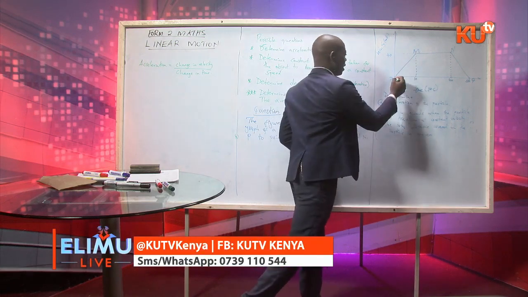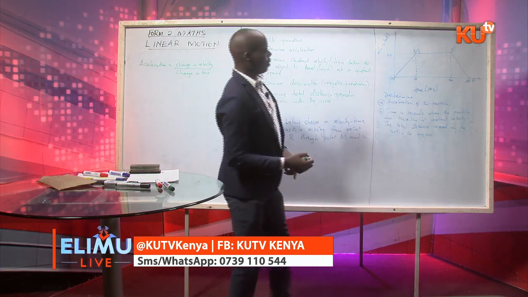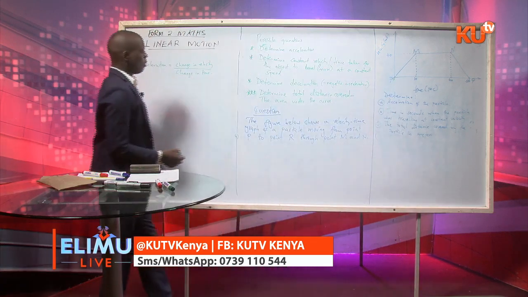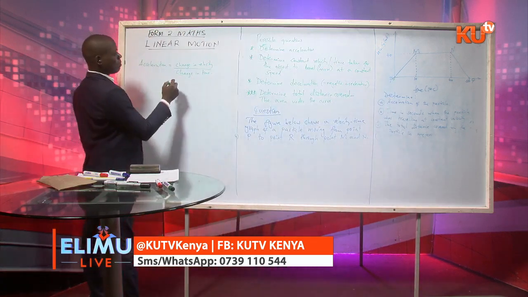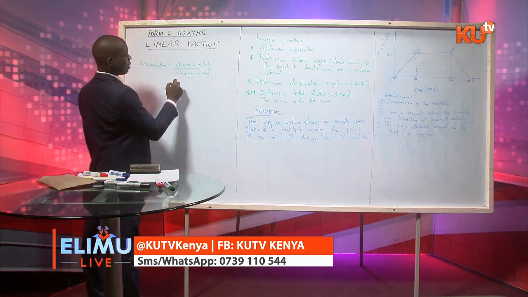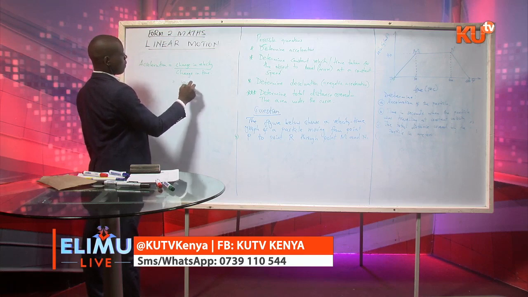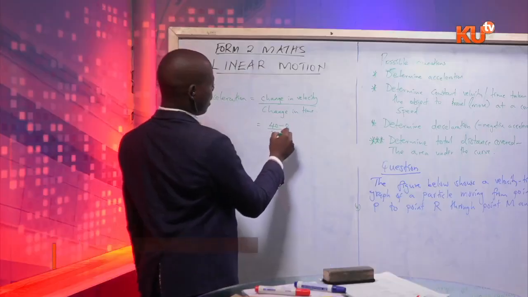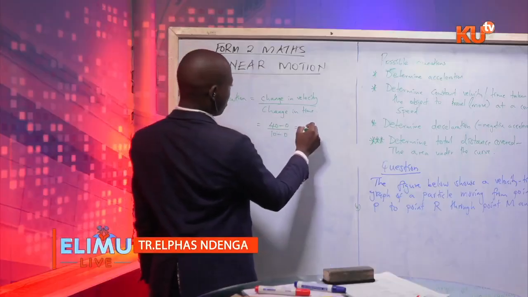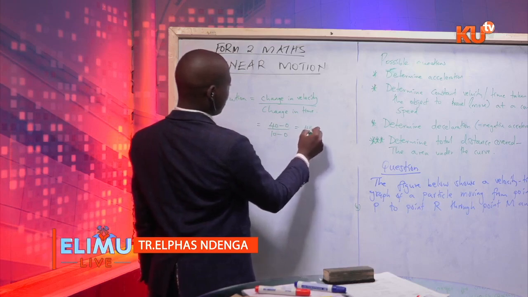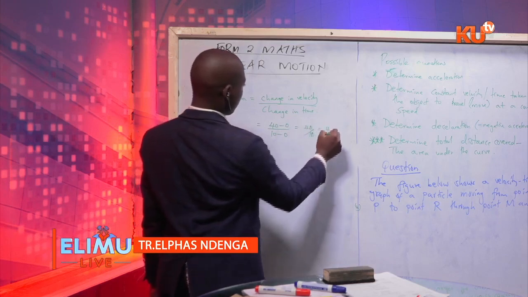Putting in mind that the starting point is at O, point 0, we say the maximum value on the y-axis, which is this velocity, is 40 less 0 over 10 less 0. And that is 40 over 10, which is 4.